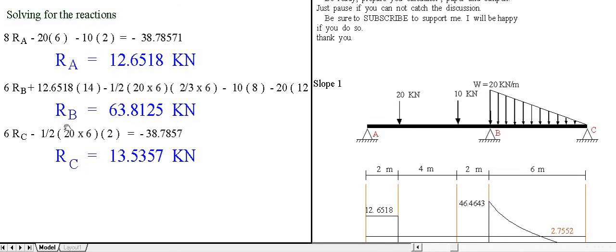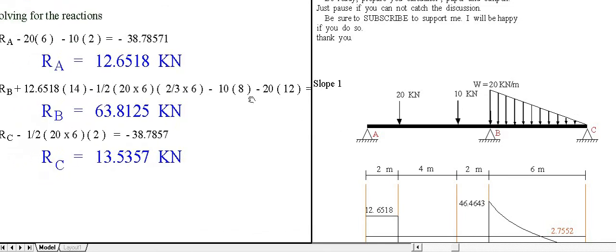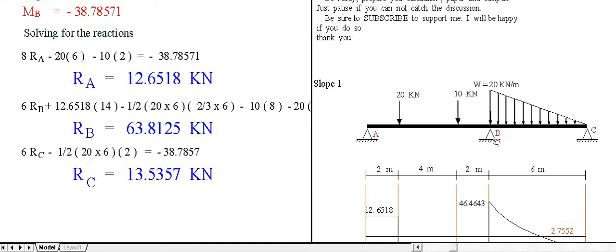Then also, to find RB, take moment at C equal to 0. Moment at C is really 0. Then we have going up reaction, RB times 6 plus RA 12.6518 times 14. This is 14 from C. So 4 and 6 is 10, then 2 and 2.